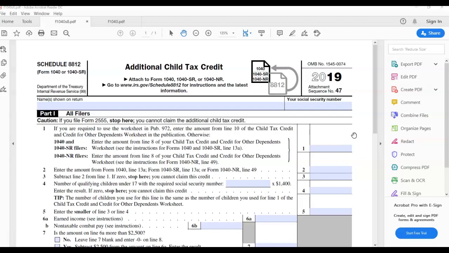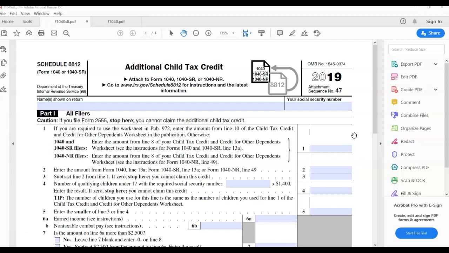And then when it comes to this form, the client will not qualify for additional tax credit, because in that scenario, you can't get both.